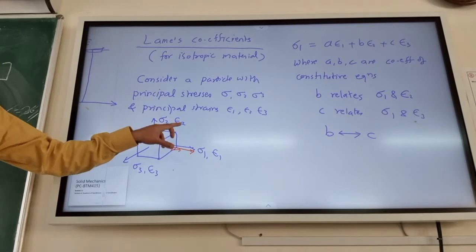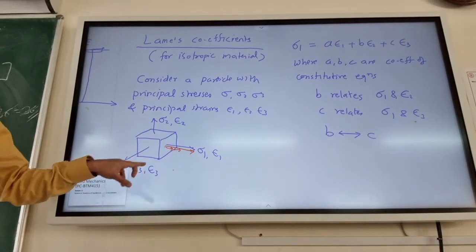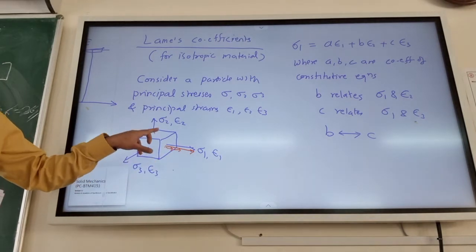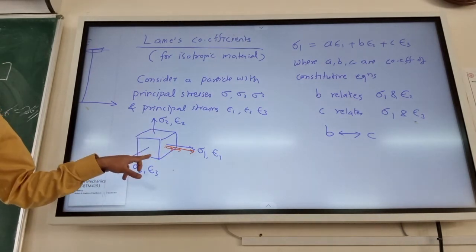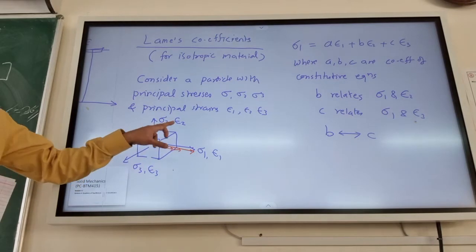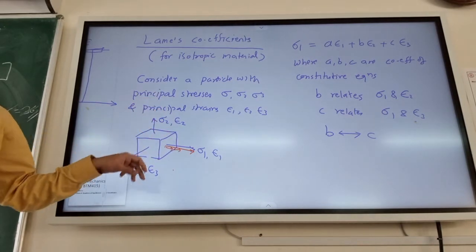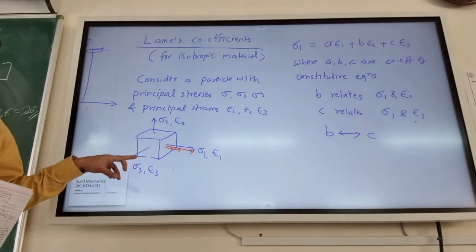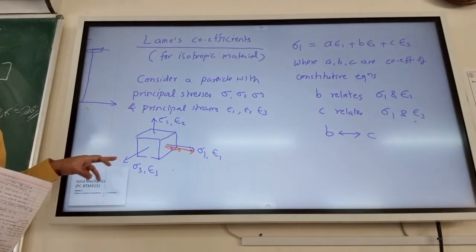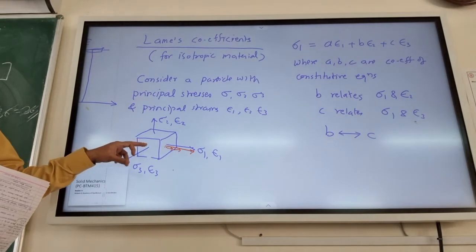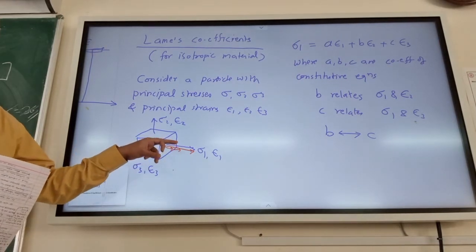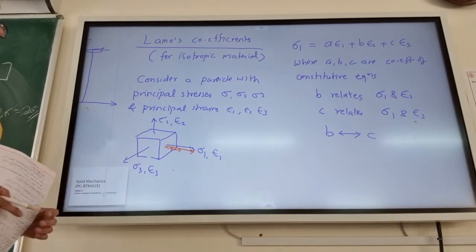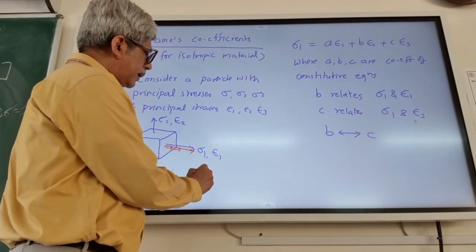If you apply unit strain here, some component gets generated here. If you apply unit strain here, another component gets generated here. And since both of these are transverse directions and the material is isotropic, whatever happens in direction 2, exactly the same thing should happen in direction 3 as well. So if you apply unit strain either in the vertical direction or in this horizontal direction, the same amount of stress should get reflected in the first direction. So that is why B and C are nothing but identical.